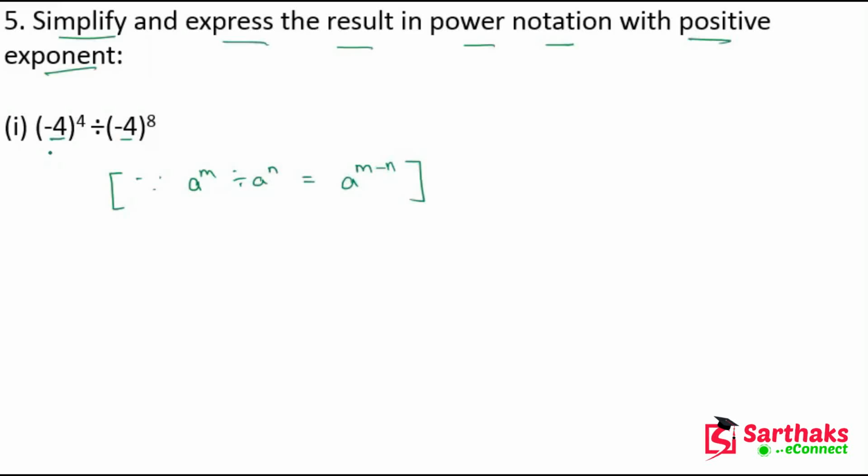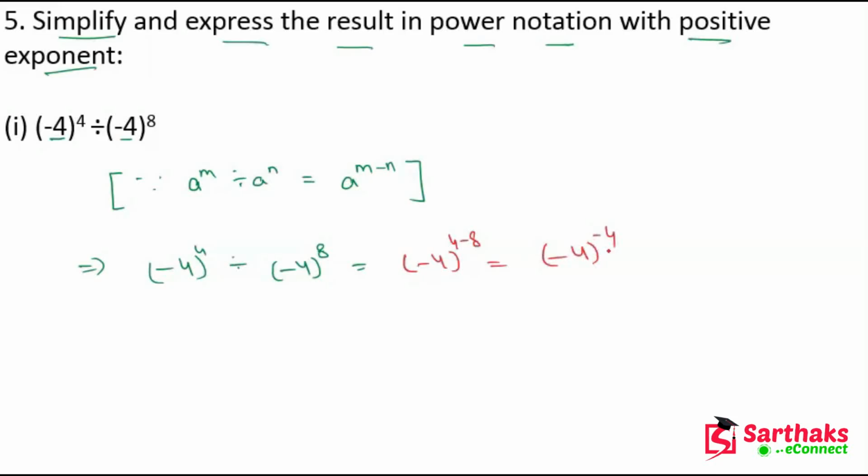Here the base is the same, the power is different, and these two exponents are in division, so the powers are subtracted. So minus 4 raised to power 4 divided by minus 4 raised to power 8 gives minus 4 raised to power 4 minus 8, which becomes minus 4 raised to power minus 4.